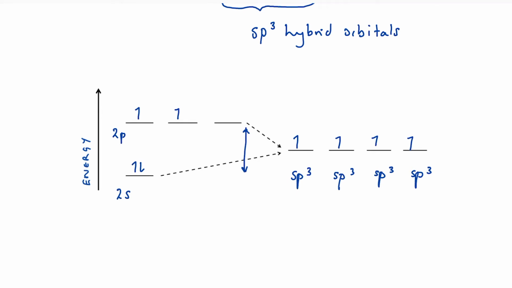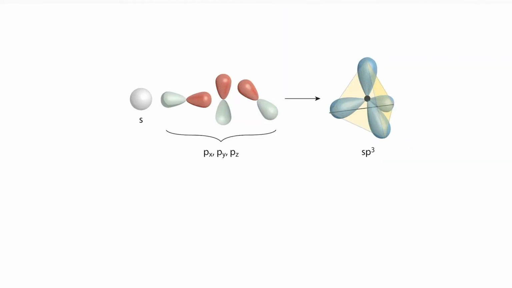Hey presto, carbon is now able to make 4 covalent bonds. It has 4 electrons available for bonding. If we have a look at this pictorially, we can see that our s orbitals, which are spherical, interact with our p orbitals, which have direction, running along the x, y, and z axes, to form our sp3 orbitals.